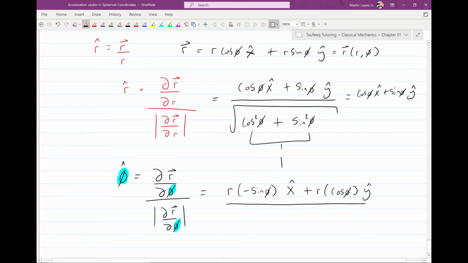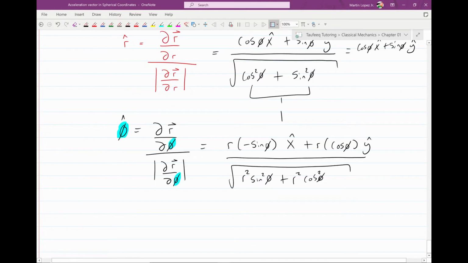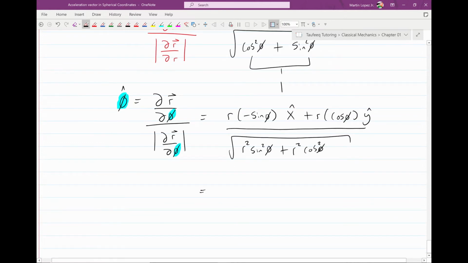The x component squared is r squared sine squared phi, plus r squared cosine squared phi. Now we can factor out an r here. I don't want to skip too many steps.